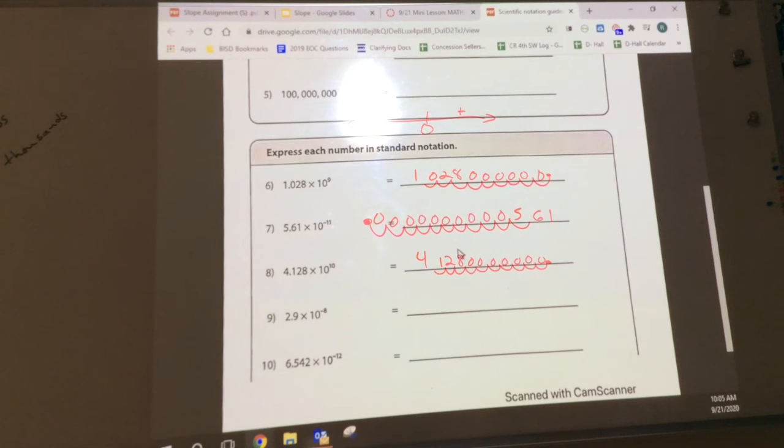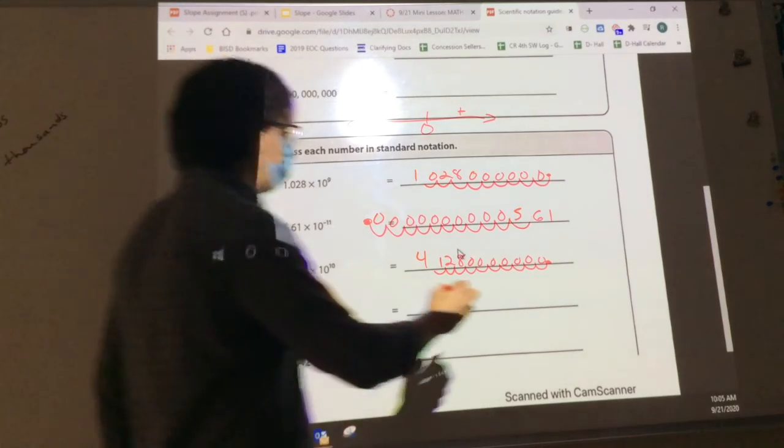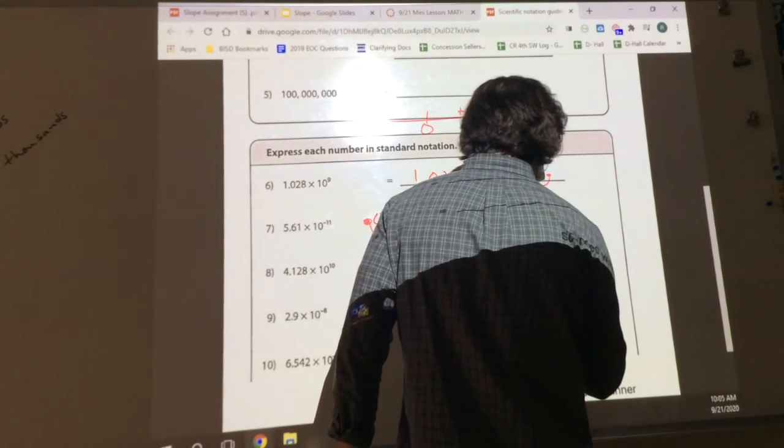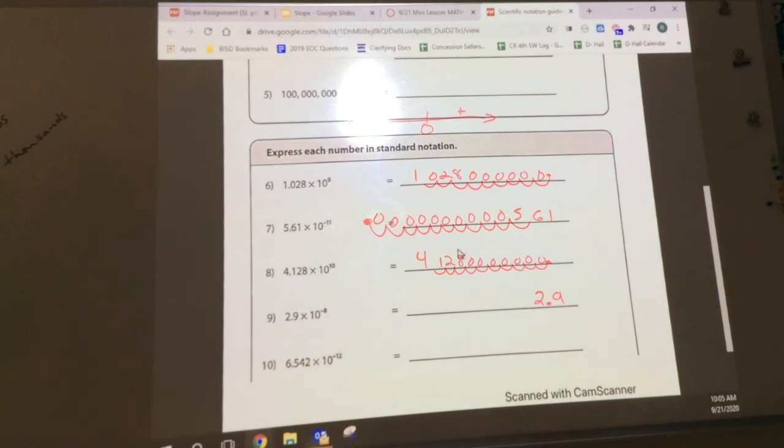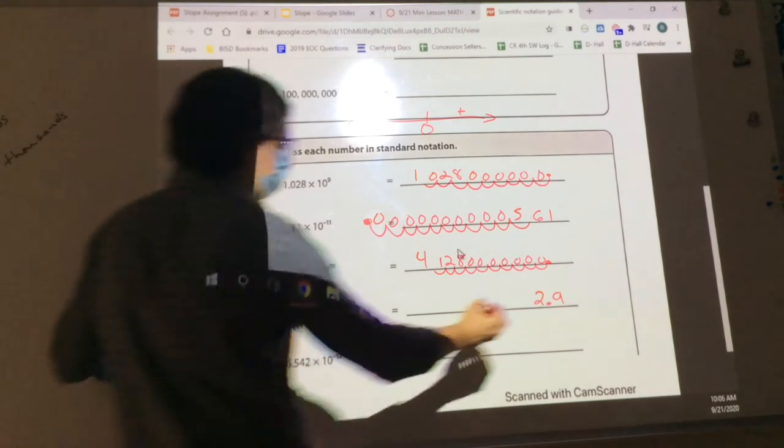All right, let's try number 9. I've got a negative exponent, so my zero is going to be before or after the non-zero digits? Before, right? Because it's negative. So I'm going to go ahead and write my 2.9 over here. Does everybody understand why I'm writing my 2.9 over there? And how many times do I have to move the decimal now, Mariah? 8 times.